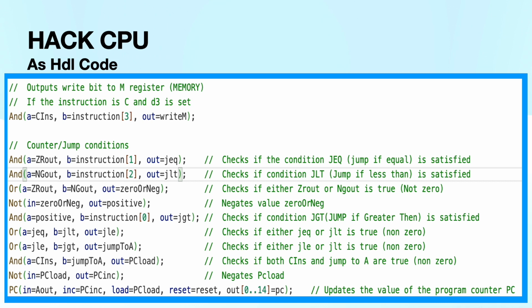Then it checks if the condition jump if greater than is satisfied, and then it checks if either jump if equal or jump if less than is true, non-zero, and then it checks if either JLE or JLT is true, which is also non-zero, and it checks if both the CINS and the jump to A are true, non-zero. And then what it does is it negates the PC load, which is the output from the AND. And then the PC will update the value of the program counter.